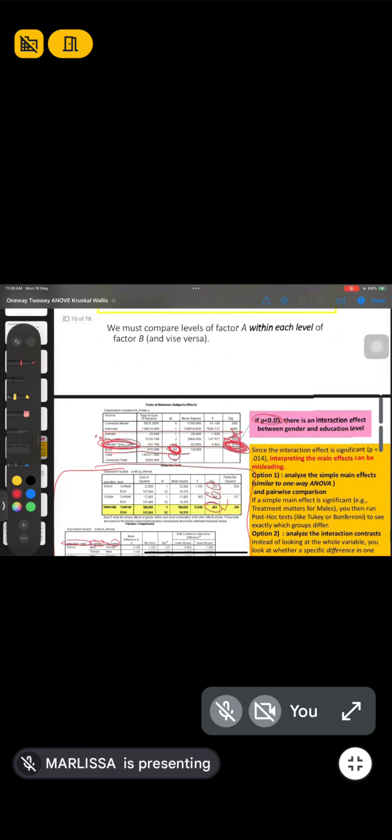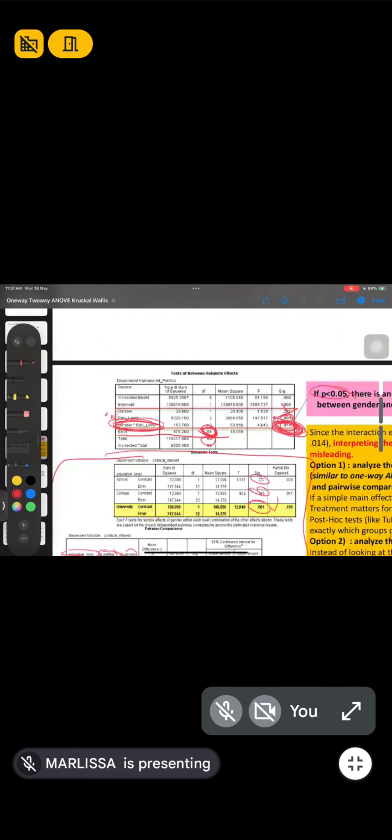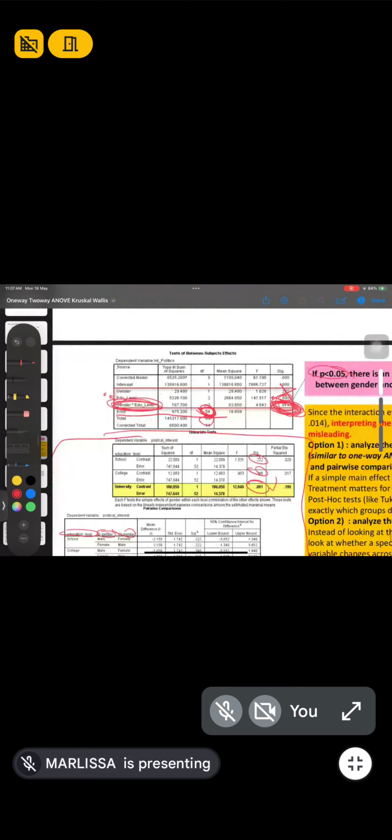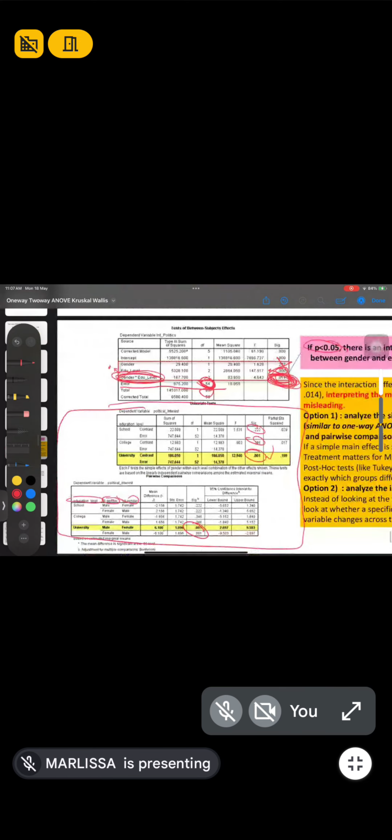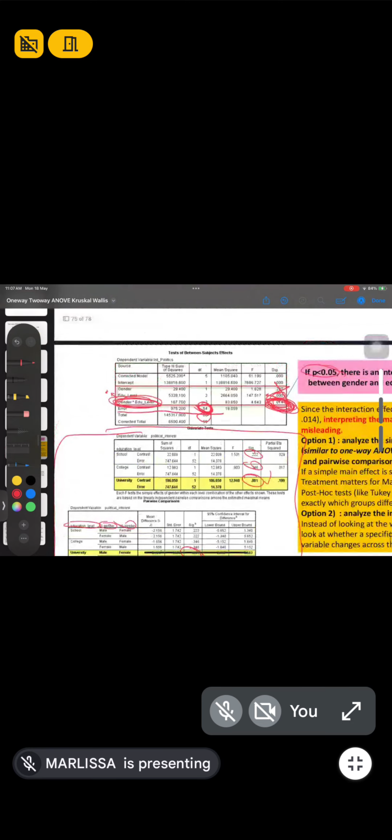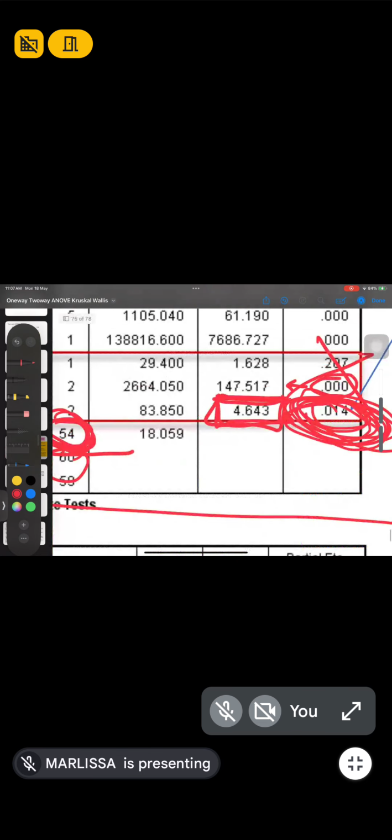Where is it? It's here, the F statistic. Can you see here? This one.